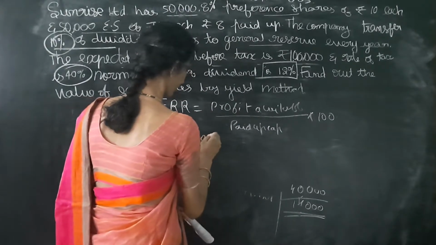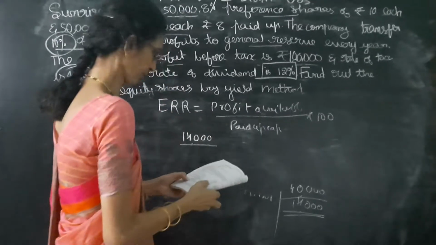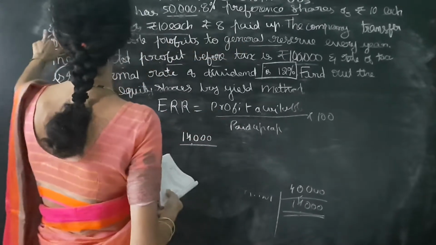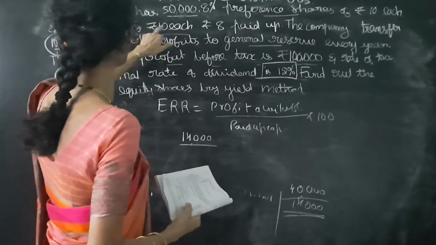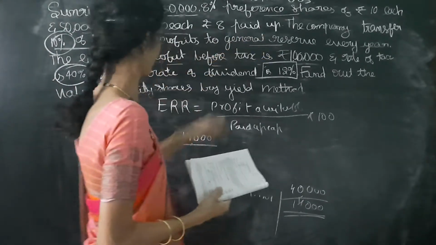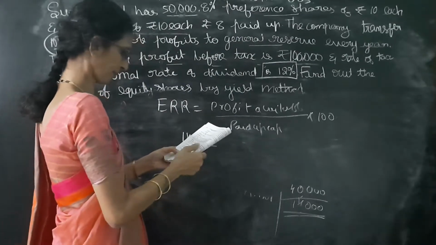Profit available to shareholders is 14,000. Paid up capital: it is given, 50,000 equity shares of rupees 10 each, rupees 8 paid up. So rupees 8 paid up.